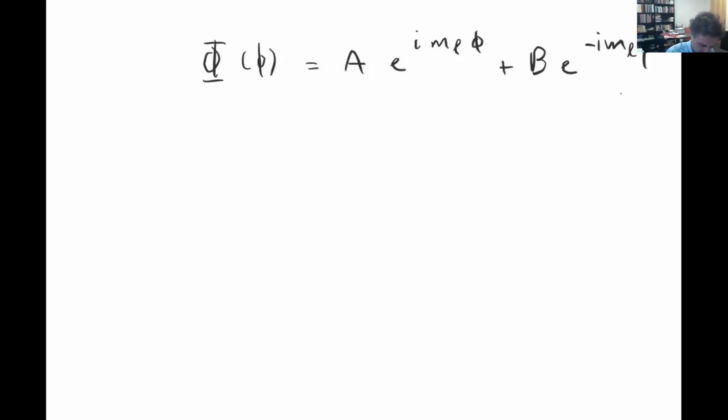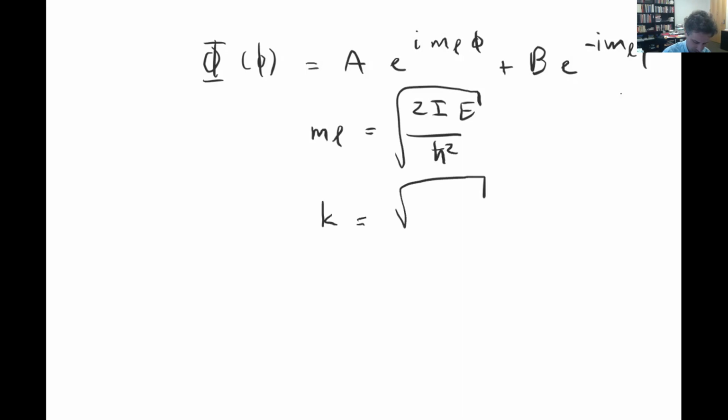So the definition of m_l equals the square root of 2IE over h bar squared. If that looks scary to you, remember that previously we had k, which was exactly the same. Remember this one? That was the k. k and m_l serve exactly the same function. We found k previously for the particle in the box in linear motion by solving the boundary conditions.